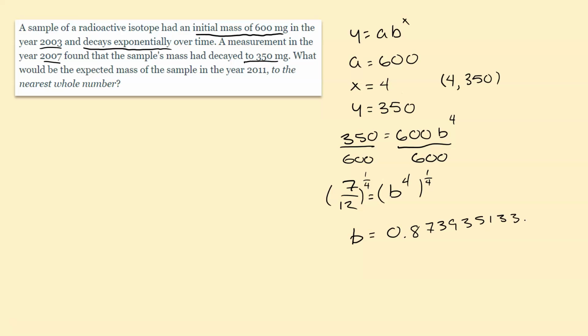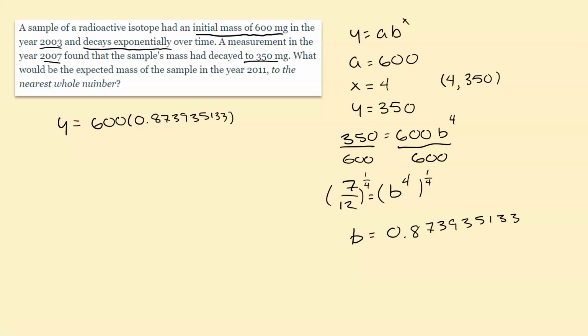So I have b equals 0.8739351333. So now what would be the expected mass of the sample in the year 2011 to the nearest whole number? So now we know the a value, 600, and the b value, 0.8739351333.